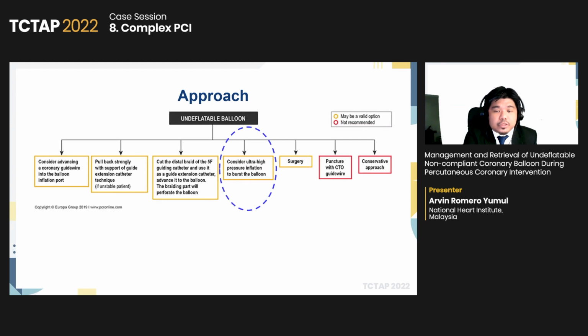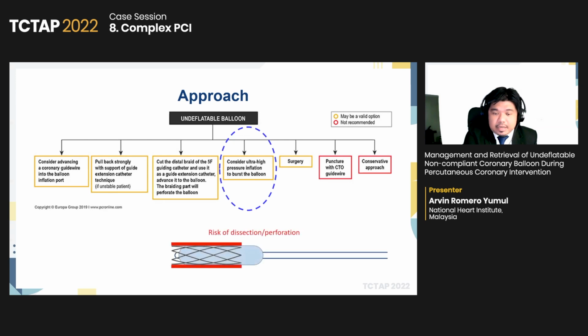So following the approach given by the EuroPCR group, we tried ultra-high pressure inflation to burst the balloon. But this technique comes with a risk of dissection or perforation.